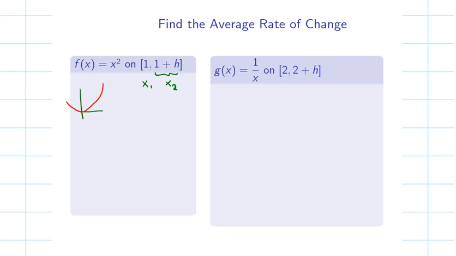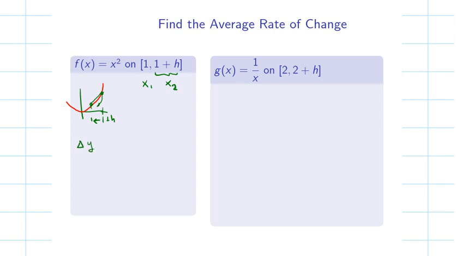We have 2 points over here, 1 and 1 plus h. And this just means that h is moving. We think of h as a small number, maybe getting close to 0. And so we're sliding this point along the curve. And that's actually a technique in calculus to compute the instantaneous rate of change, which is the slope of the curve at that point. But we can do it algebraically.